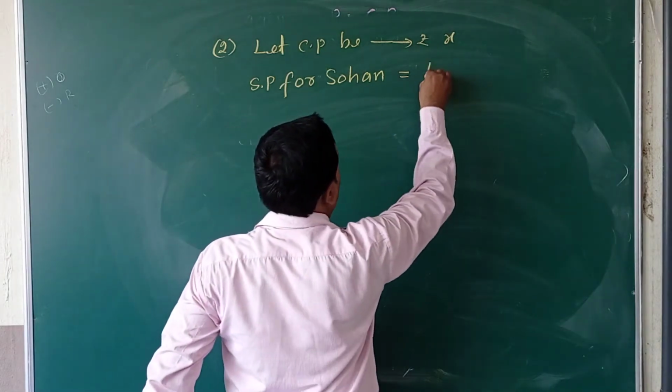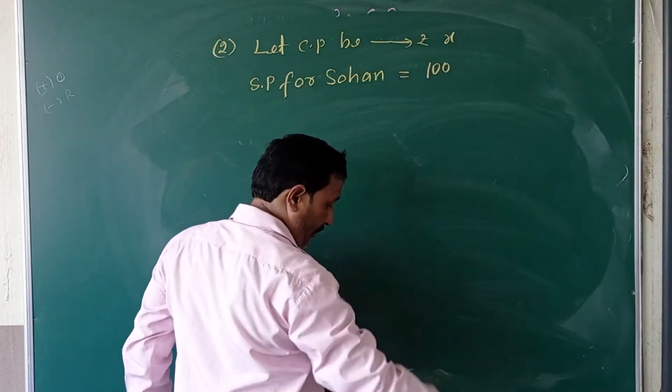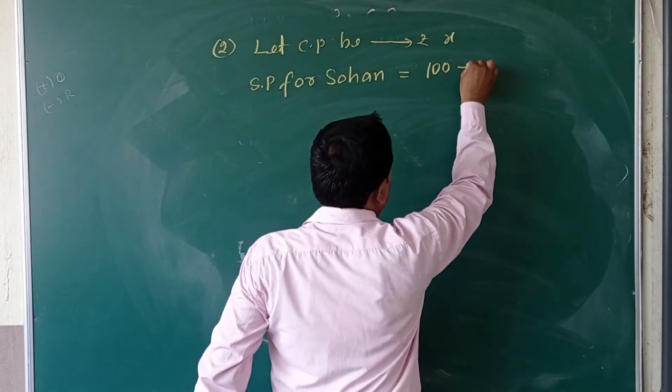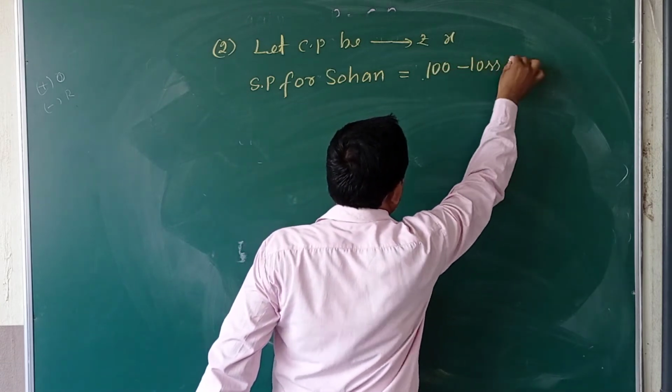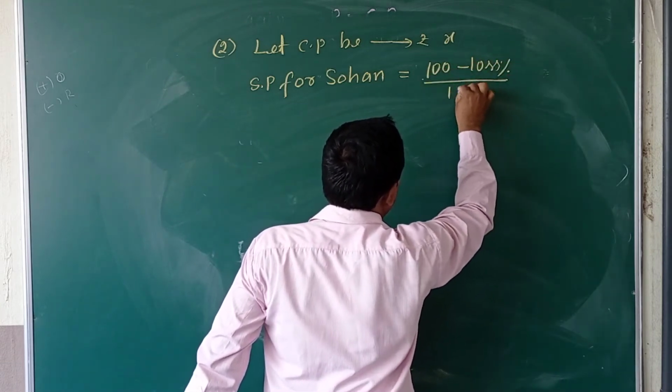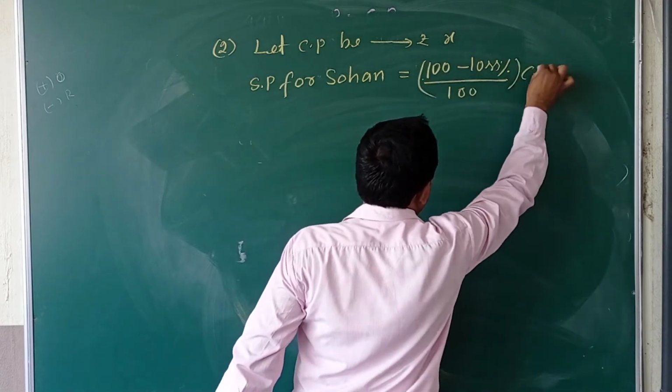SP is equal to 100 plus gain, here given loss, so minus loss percent upon 100 into CP.